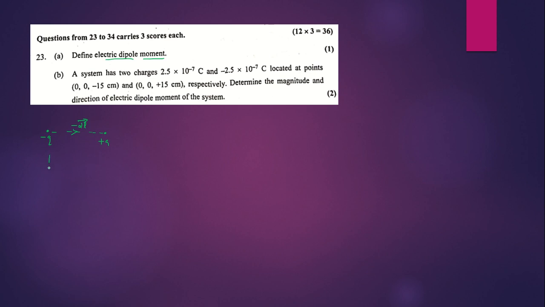The dipole moment, the strength of the dipole, is expressed as the product of charge into that vector distance. So Q into 2L, that is what is called dipole moment, and it is expressed in Coulomb meter. So that is the unit.